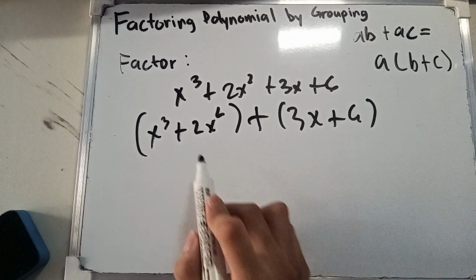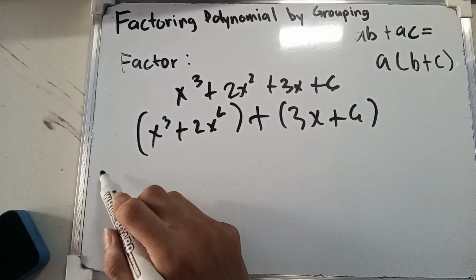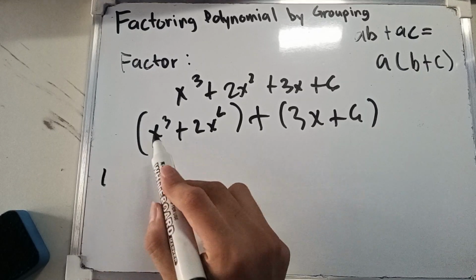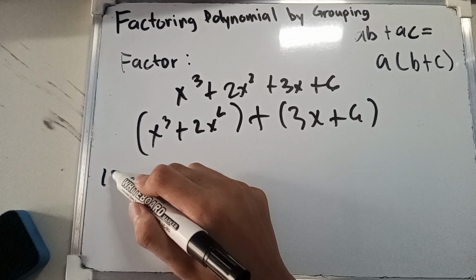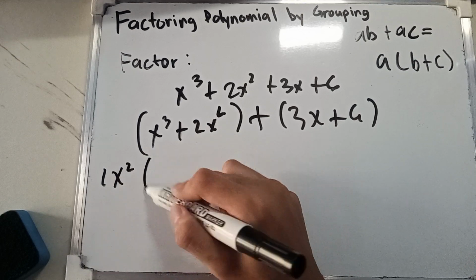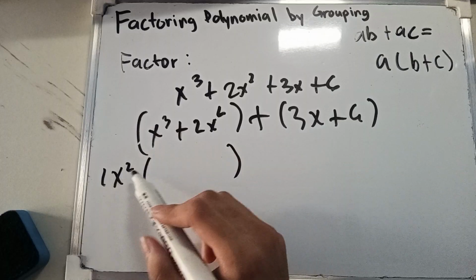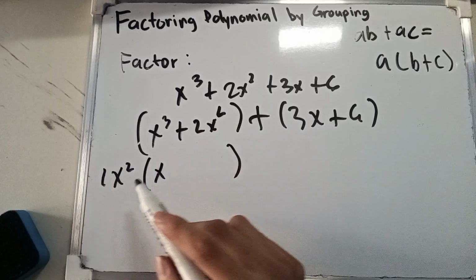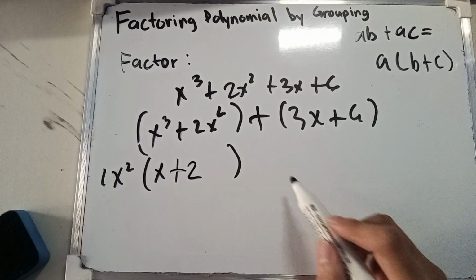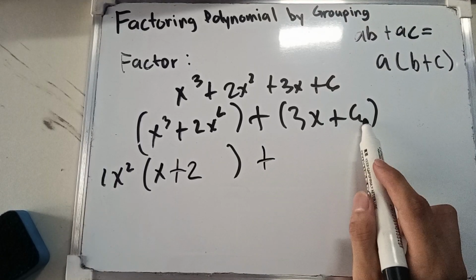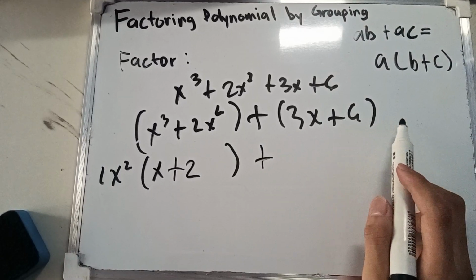Okay, so this is x cubed and 2x squared, and the common factor would be x squared. x cubed divided by x squared is x, and 2x squared divided by x squared is 2, plus the common factor of 3x and 6.